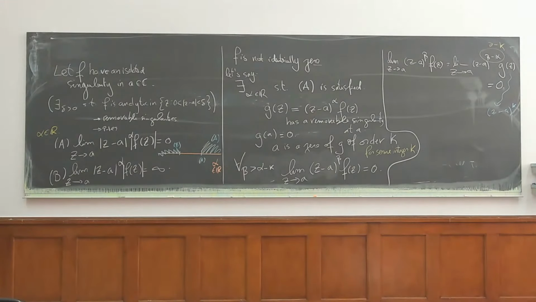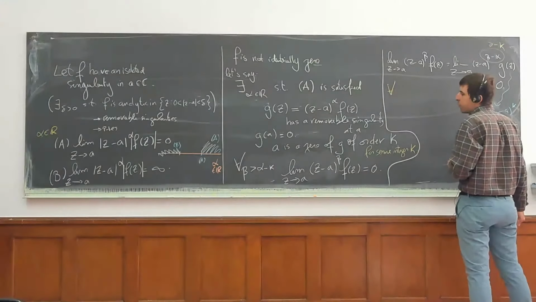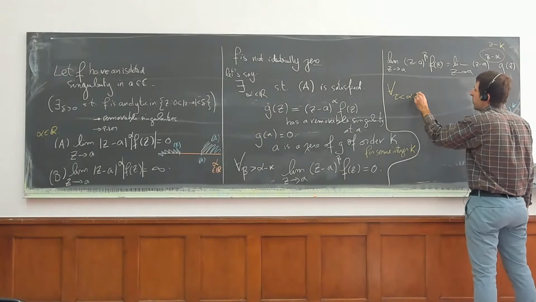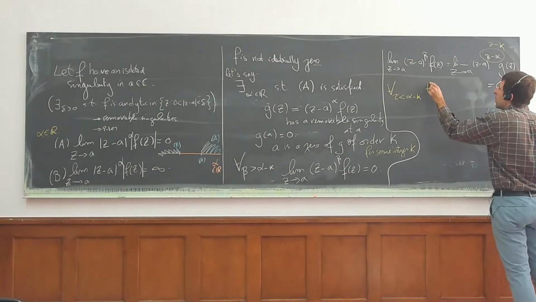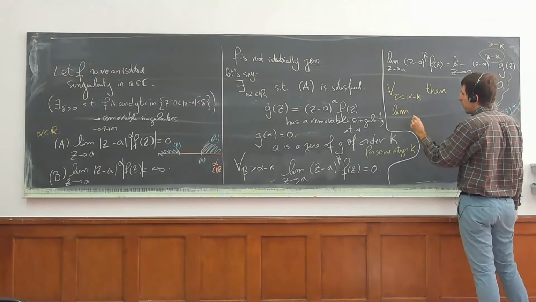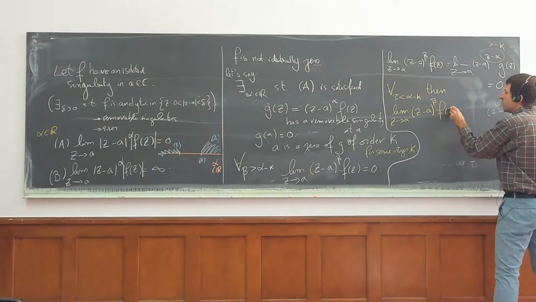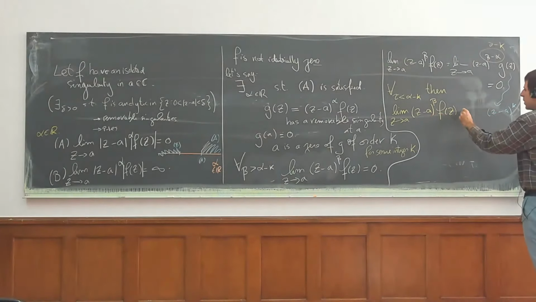On the other hand, it's also not so hard to see that, because g of z is analytic and has a 0 of order k, the same thing happens on the other side: for all tau smaller than alpha minus k, the limit as z goes to a of z minus a to the tau times f of z is infinity.